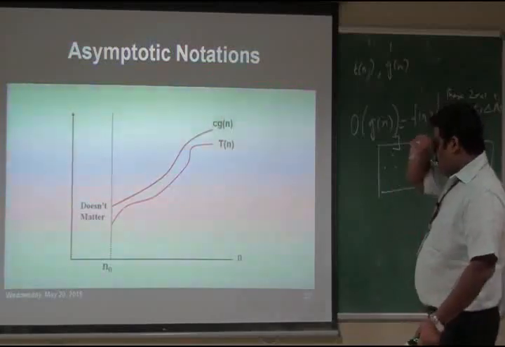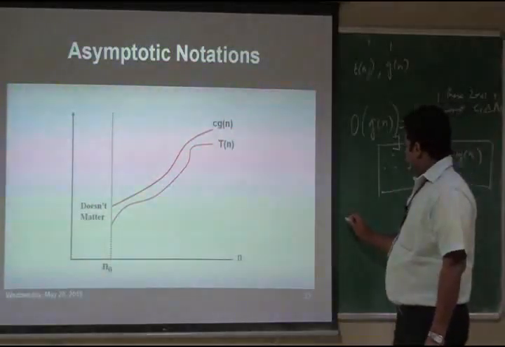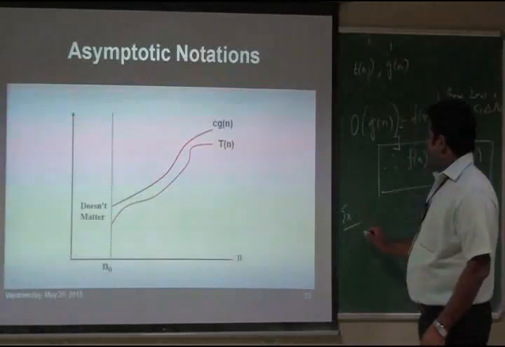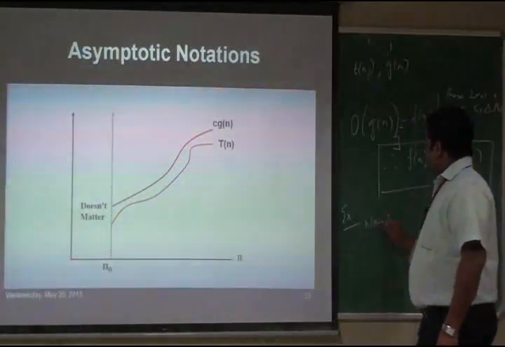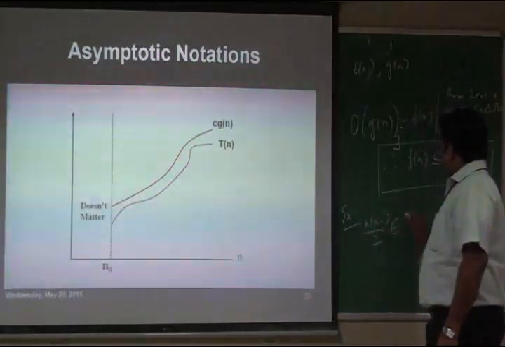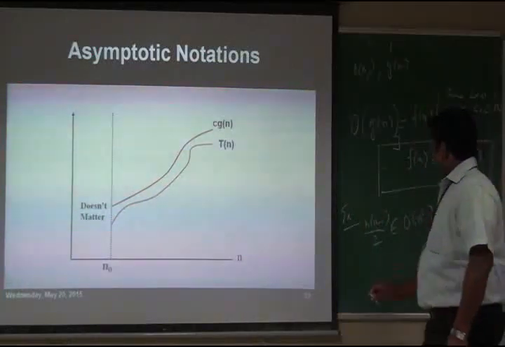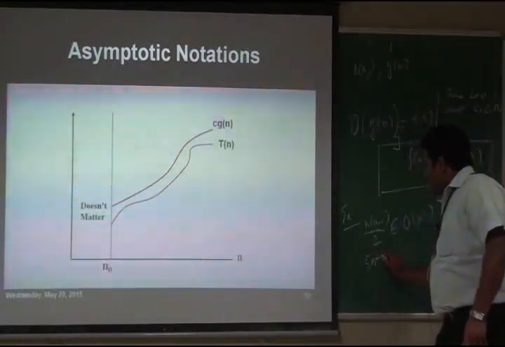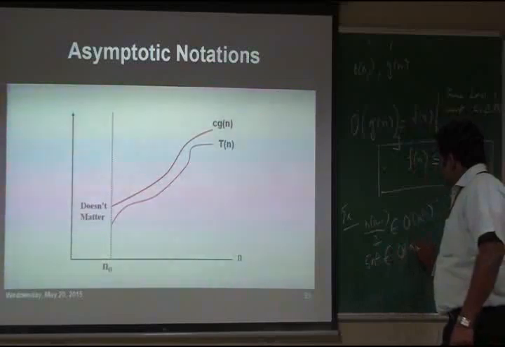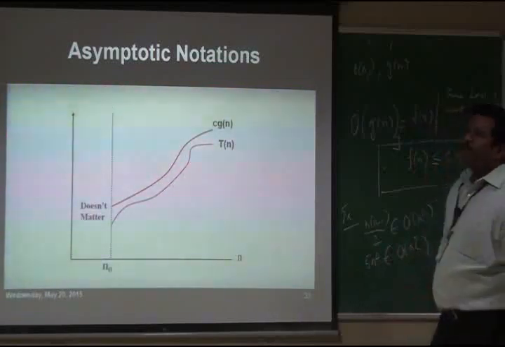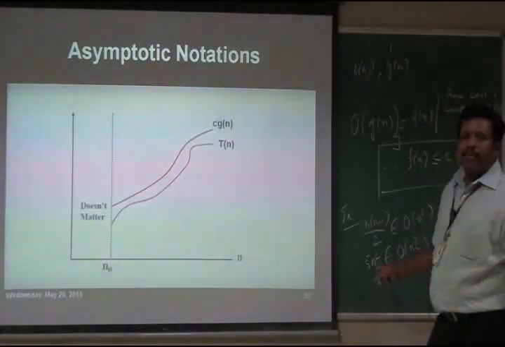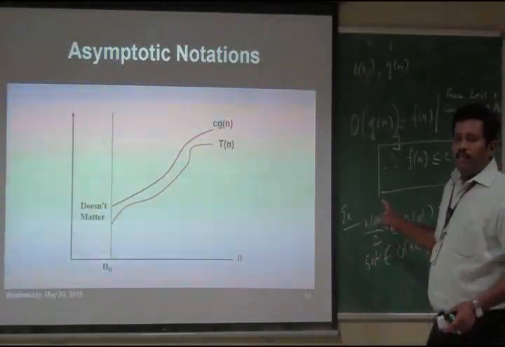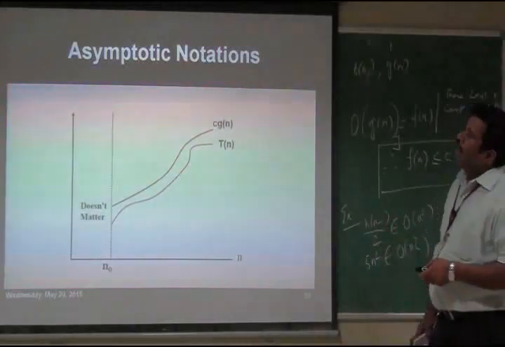The best examples for big O notation are n into n minus 1 by 2 belongs to big O of n square, and 5n square belongs to big O of n square. These are all possible examples which can be assessed for the worst case complexity of an algorithm.